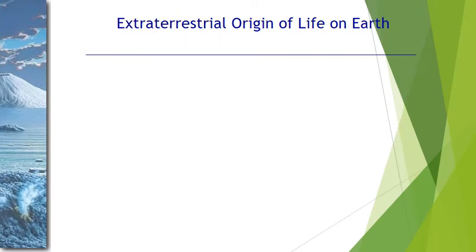It should be pointed out that even though Miller and Urey and other scientists have recreated some of the very basic building blocks of life that could have happened just by virtue of natural processes in the early Earth, there's also a theory out there that none of that would have been necessary.